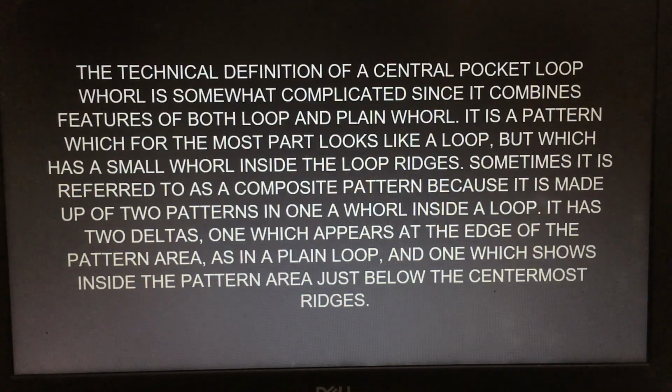Sometimes it is referred to as a composite pattern because it is made up of two patterns in one, a whorl inside a loop. It has two deltas, one which appears at the edge of the pattern area, as in a plain loop, and one which shows inside the pattern area just below the centermost ridges.